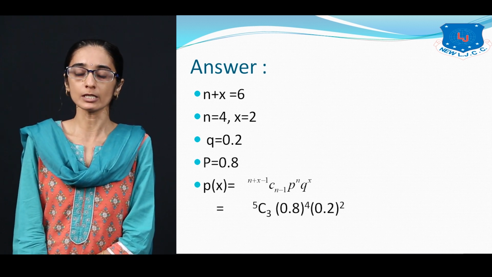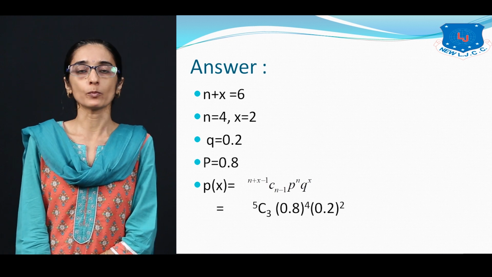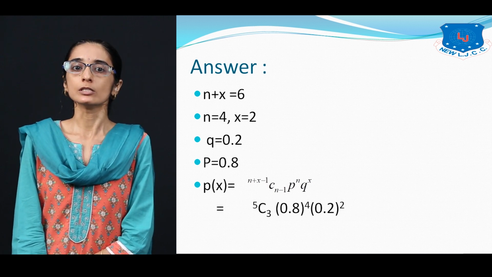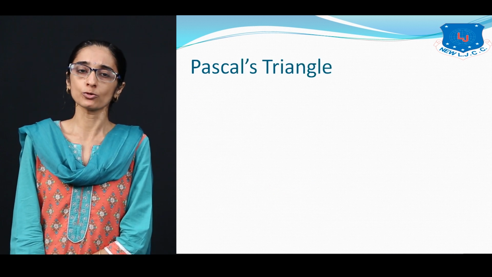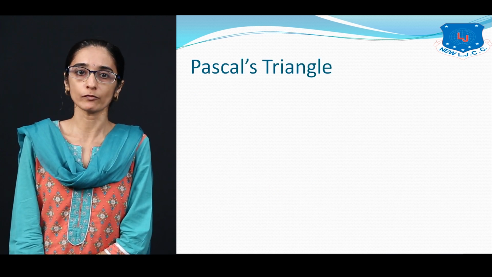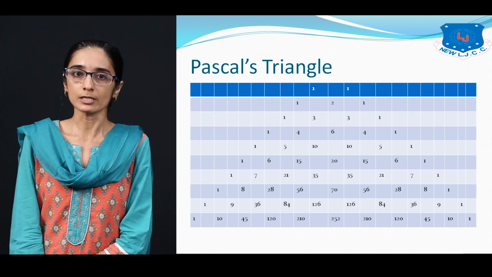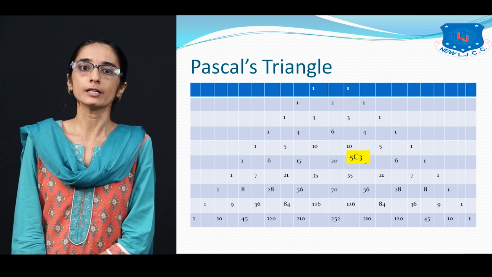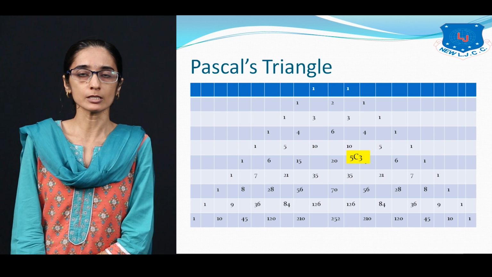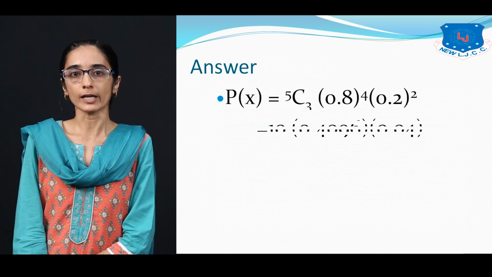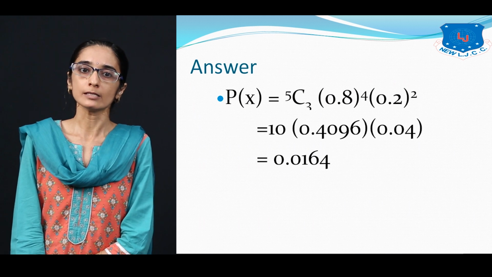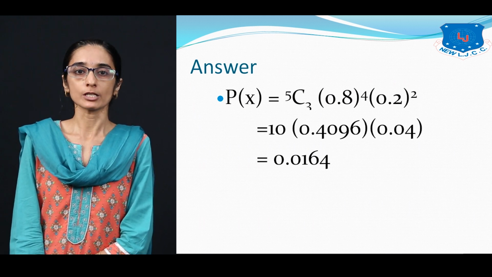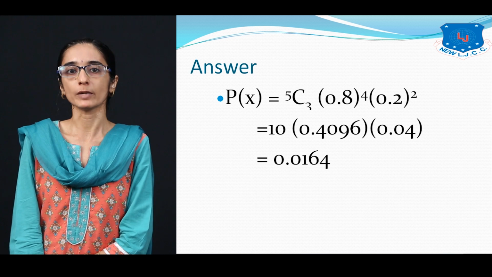So that will give us 5C3, 0.8 raised to 4, 0.2 raised to 2. Now let's use that Pascal's triangle to calculate 5C3. Here you can see that value 5C3 is 10. So substitute this number. So we will get the final answer as 0.0164.